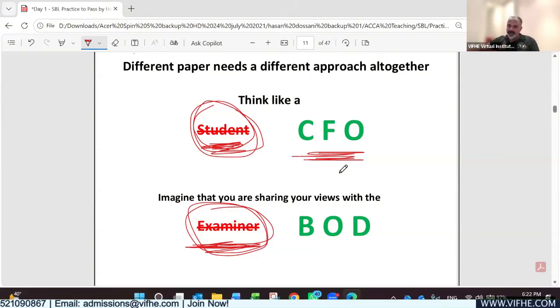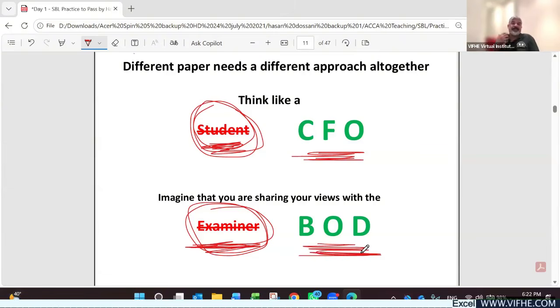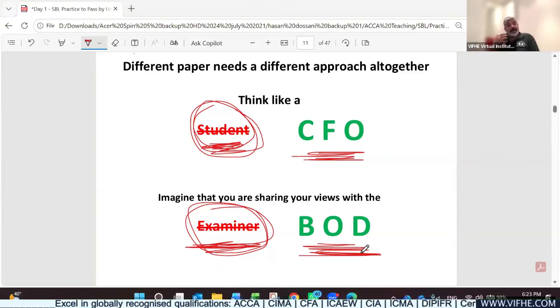And also imagine that you are not explaining your point to the examiner, you are explaining your point of view to the board of directors. The way you will talk to the board, the way you will explain the points to the board. So, this mindset, feeling like a leader, imagining yourself as a CFO, CEO, and giving your argument to the board really, really helps.